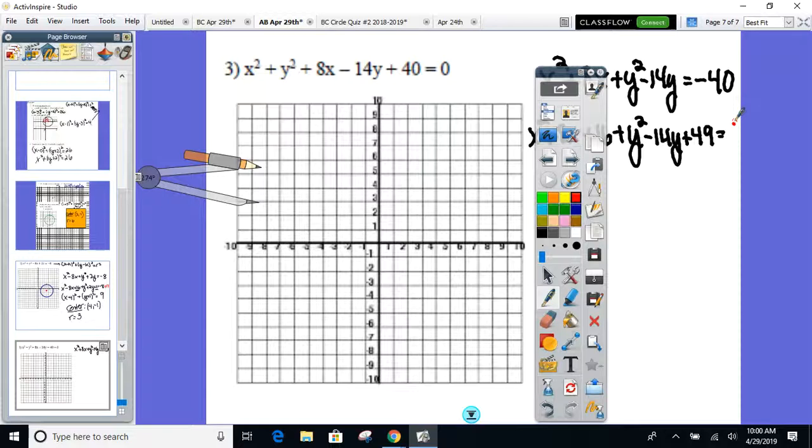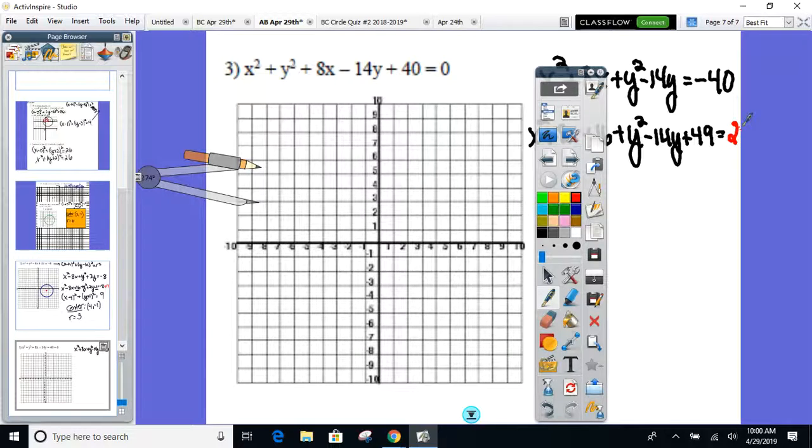I got 25. It's negative 40 plus 16 plus 49. We good? Should be 25?